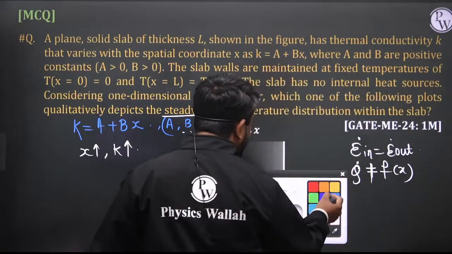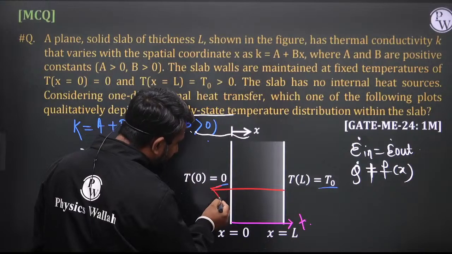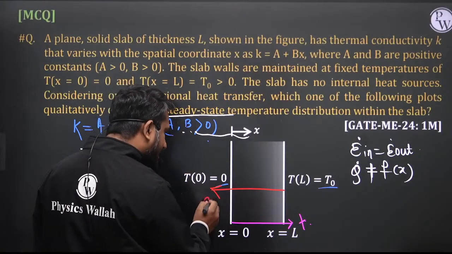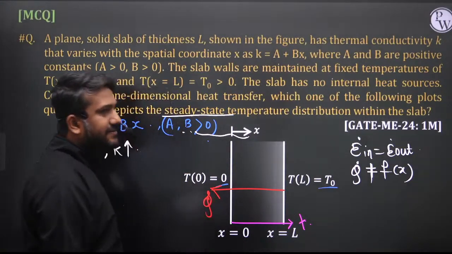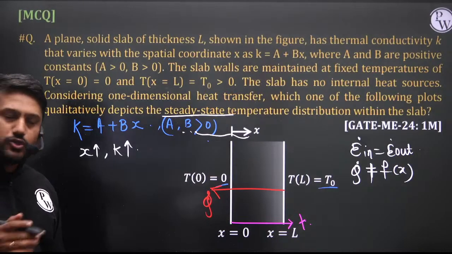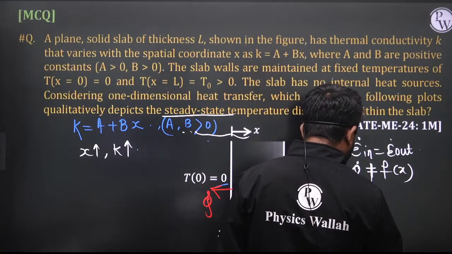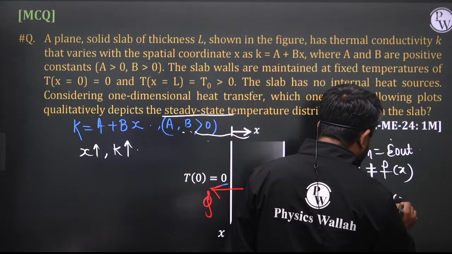Here the temperature is T naught, here the temperature is 0. This is the direction of conduction heat transfer. So we can say the flux is also not a function of x.